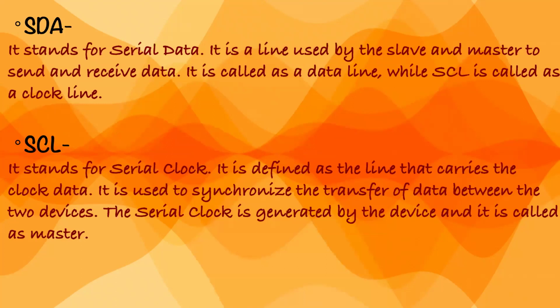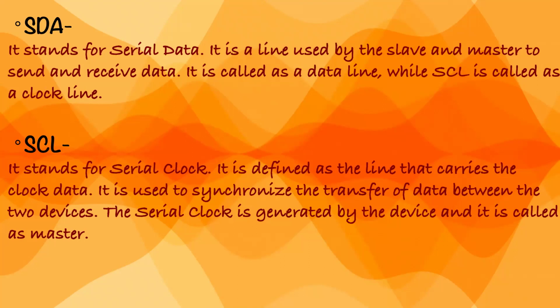SDA, this is what I have added. It stands for serial data. It is a line used by the slave and master to send and receive data. It is also called the data line, while SCL is called the clock line. What is SCL?